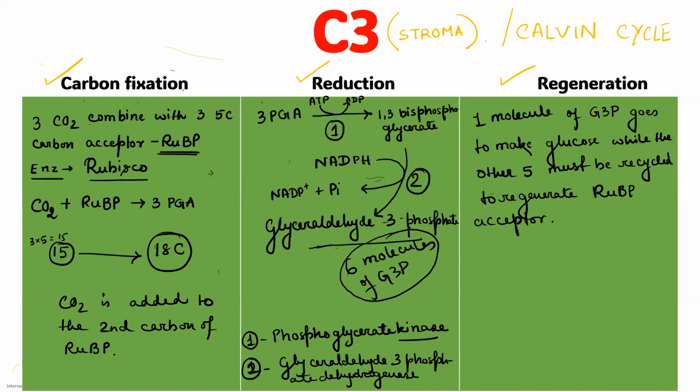See here, we have started with 3 CO2 molecules, and finally we have ended with 6 molecules of G3P. One exits the cycle and is used to make glucose, while the other 5 are recycled to make 3 molecules of RuBP. 3 molecules of RuBP means what?